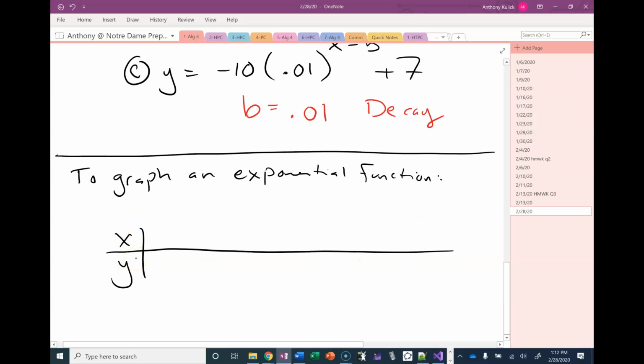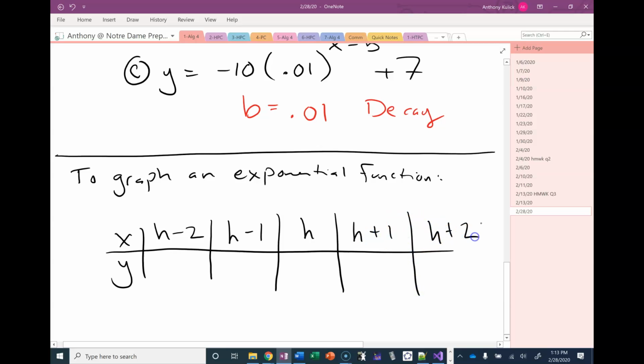So to graph an exponential function, the way that we're going to choose our values for x are going to be in this fashion.